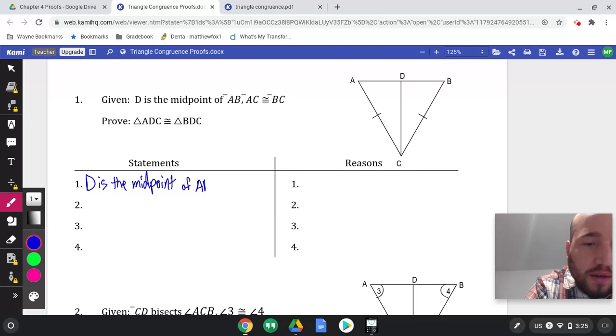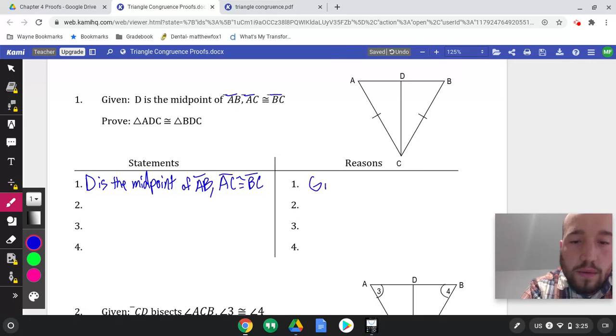Of segment AB. I'm not sure what happened to those segments up here, but let me fix them. Okay. And then also we can add that AC is congruent to BC, and that is our given. Now, the AC is congruent to BC. That's already marked on here, so we're good.